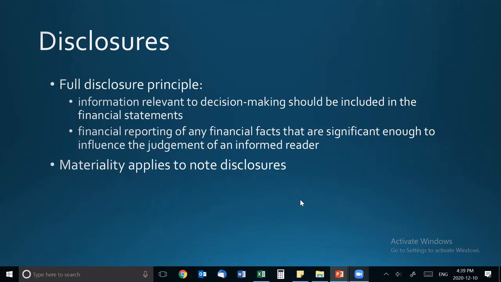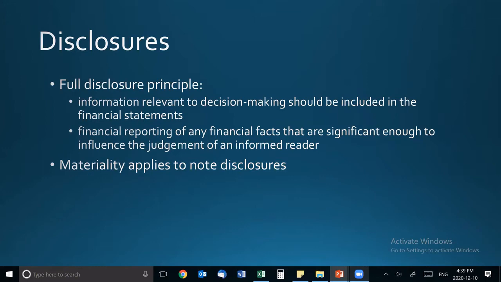So the full disclosure principle states that information relevant to decision making should be included in the financial statements. Whenever you complete the financial statements, you also have to complete the notes to the financial statements, and you need to put anything that is relevant for the users to make their decisions.